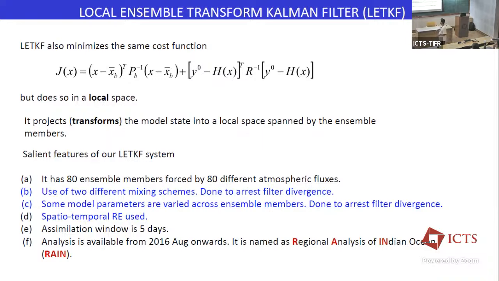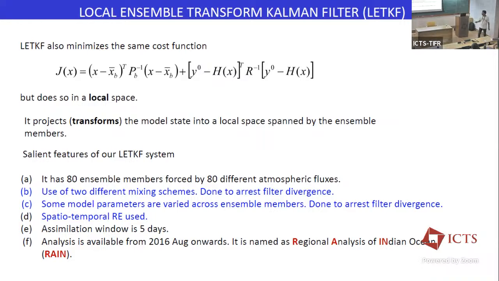Then we have also used the spatiotemporal representation error from the previous slide that we have seen. Using all these measures, we eventually managed to arrest this filter divergence, this collapse of the ensembles. We could see that the ensemble spread is steady after all these measures.